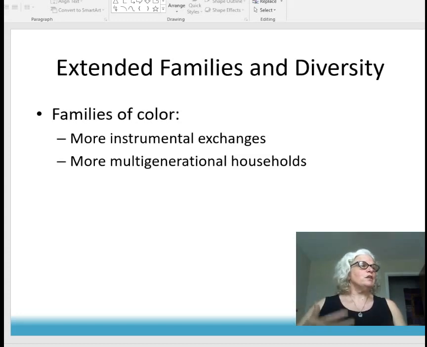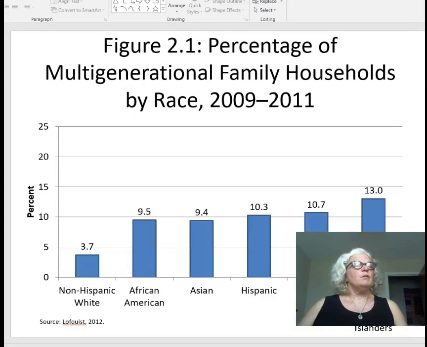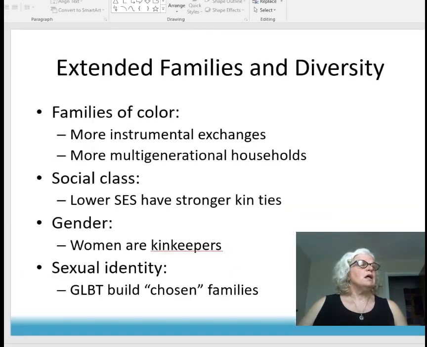Do you see the social indications coming into place? Among multi-generational families, we see non-Hispanic whites with the least amount. The African American and Asian populations are about equal, Hispanic is higher, and American Indian and Native Hawaiians are in the highest categories of multi-generational families.